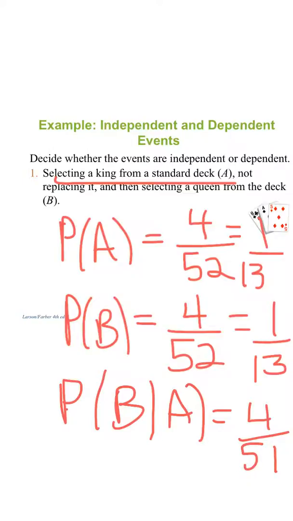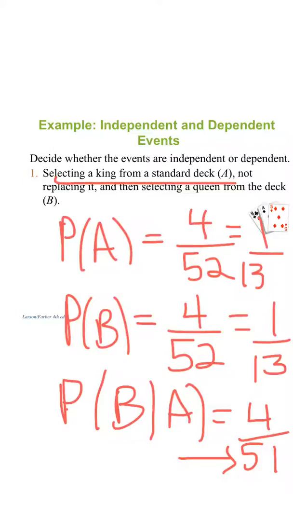If I select a king and do not replace it, there are only 51 cards left in the deck, the total number of cards to choose from. The probability that I select a queen, because there are 4 queens in the deck, is 4 out of 51.